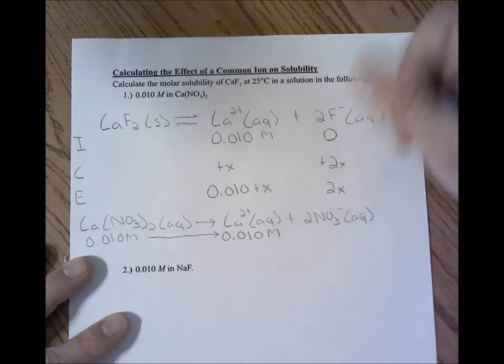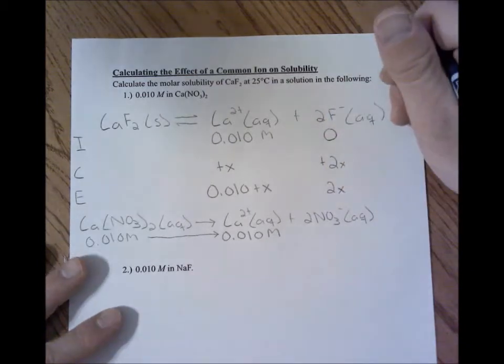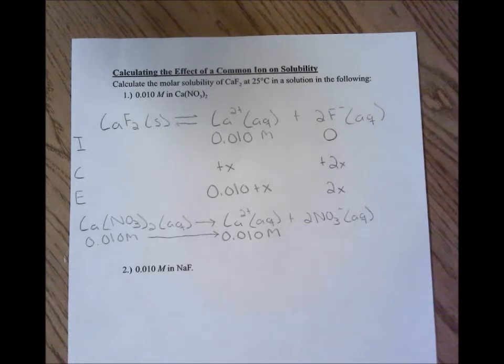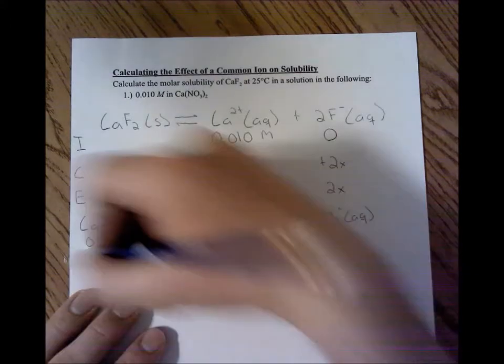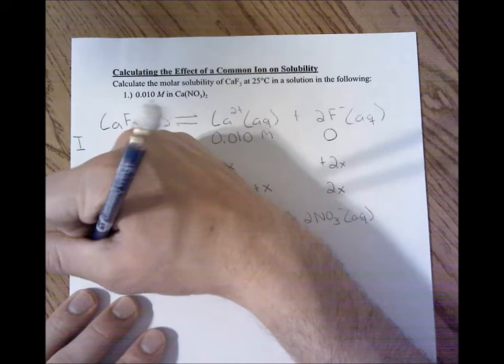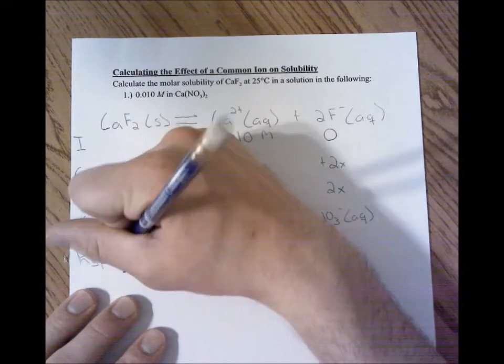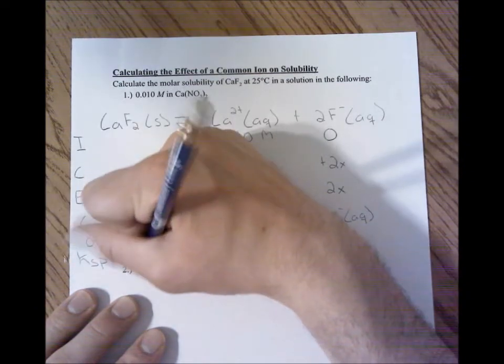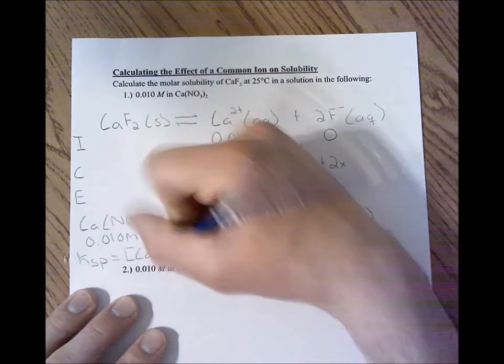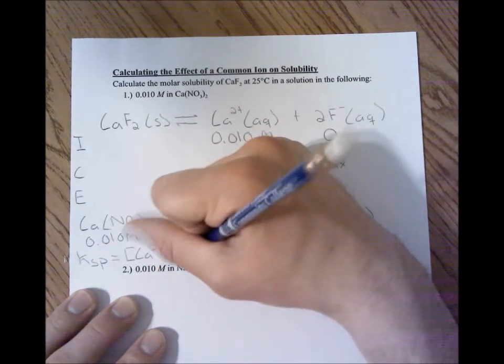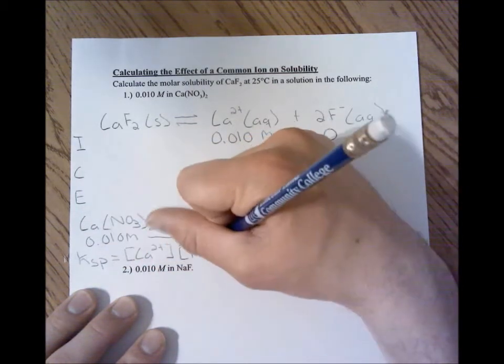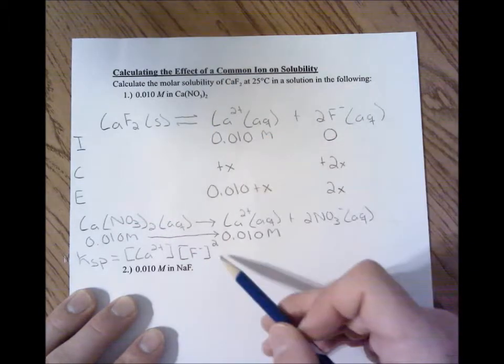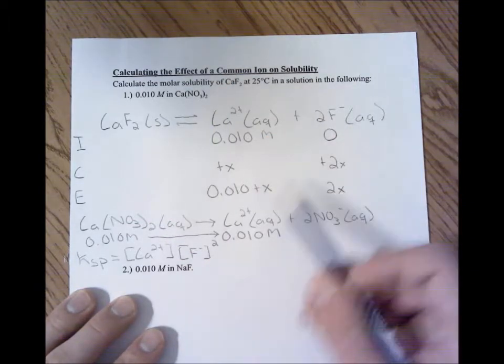So now what we have to do is plug it back into our equilibrium or our solubility expression. So in this case here, our KSP is equal to calcium 2 plus times the concentration of F minus, but remember, we need to square that term because of that coefficient.